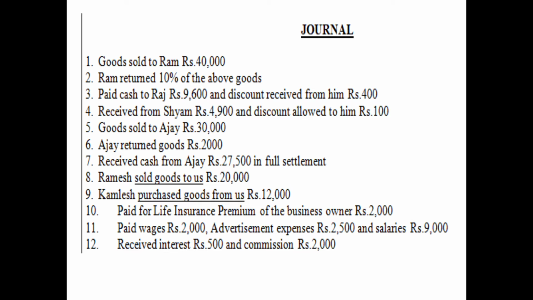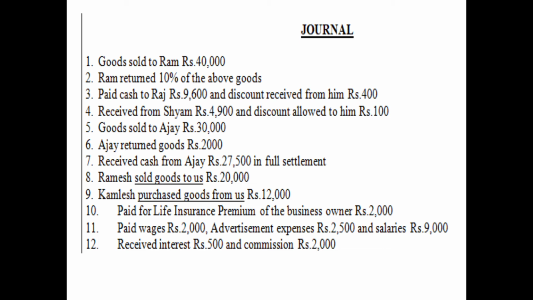Then received cash from Ajay 27,500 in full settlement. The question is saying that we are receiving 27,500 from Ajay in full settlement. That means we are settling his account. In order to see how much was actually due from him, we have to go through the previous transactions related to Ajay.